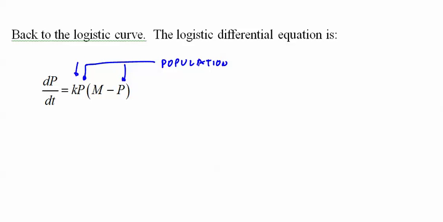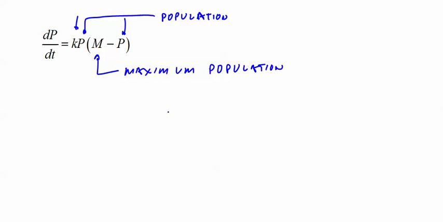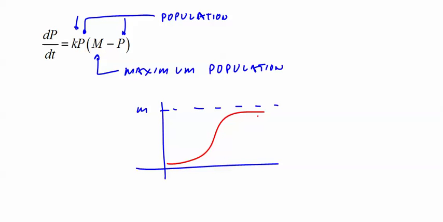But it has a maximum population. That's that curve we talked about. That's the limit up top that we talked about. I suppose I should call it a horizontal asymptote. And it always looks like this.